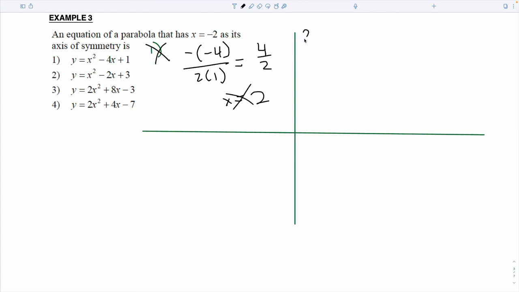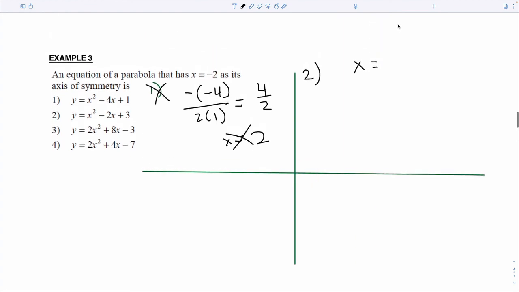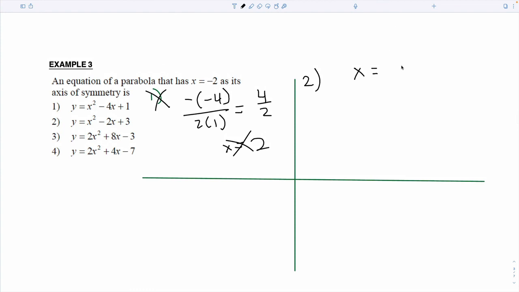Let's check 2. Plug this into the equation, please, Porter. x squared minus 2x plus 3 looks like what? Negative 2.